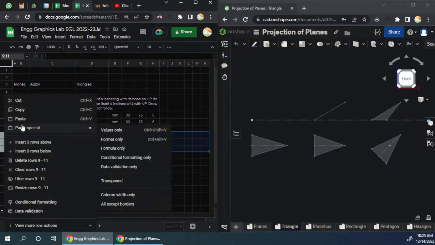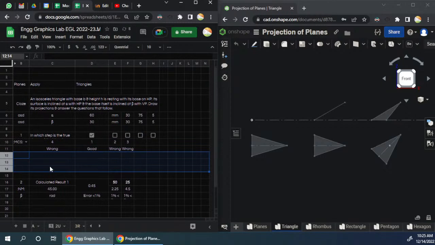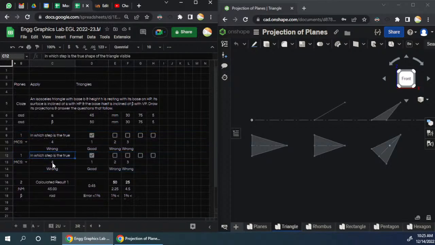Alright, so let's go ahead and insert some more, copy this, paste over. The next question we're going to ask is, in which view is the true shape visible?